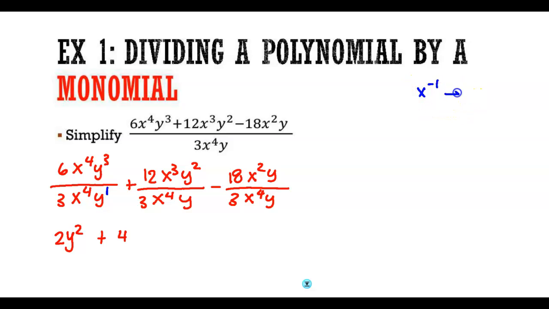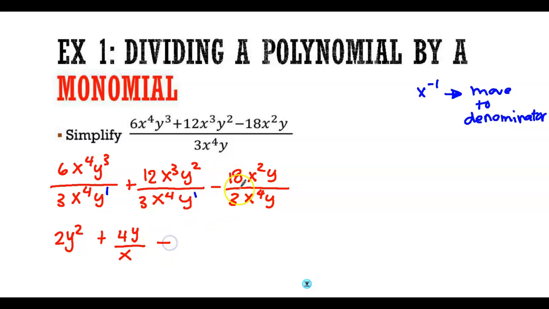We don't really want a negative exponent in my answer, so I'm going to move that to the denominator, which is the bottom of my fraction. So instead of putting x to the power of negative 1, I'll just put that x on the denominator and keep it positive. And then I have y to the 2 minus 1, so just y. And we're going to keep that on top.